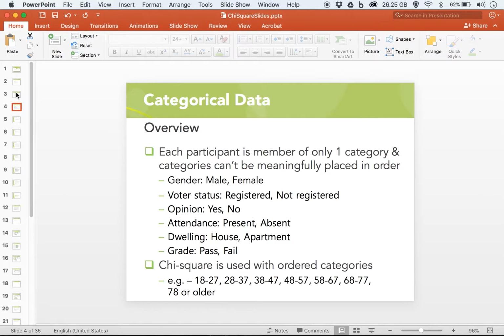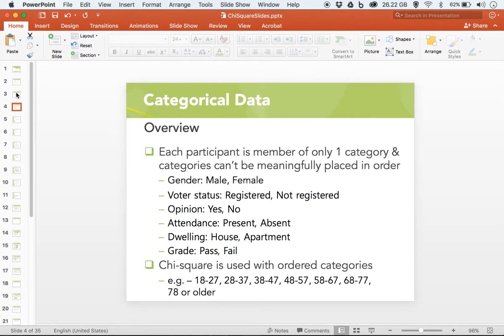And so, for example, if you want to test whether attending class can influence how students perform on an exam using test scores from a range of 0 to 100, the data would not be appropriate for a chi-square test. However, if you want to look at whether attending class influences students' ability to pass the course, and you arrange the students into two categories of passing or failing, then you could use the chi-square test.